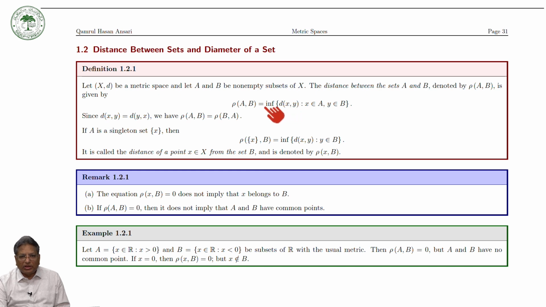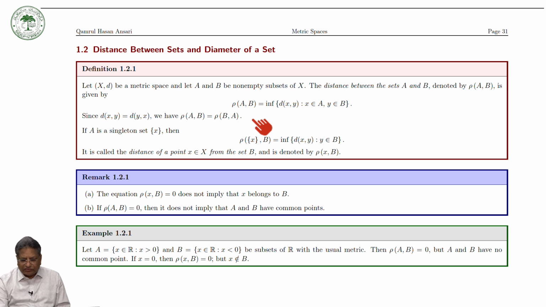So rho(A,B) is equal to rho(B,A). This is the same by using the definition of a metric. We can say that the distance from the set A to the set B is the same as the distance from the set B to the set A.